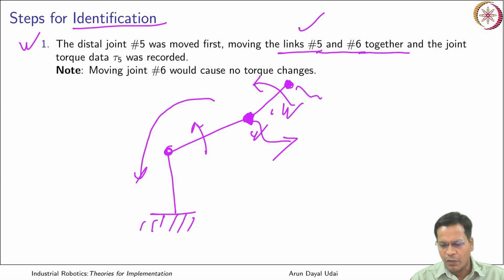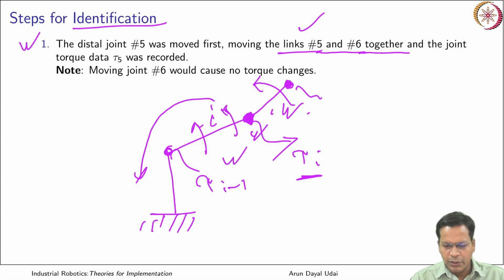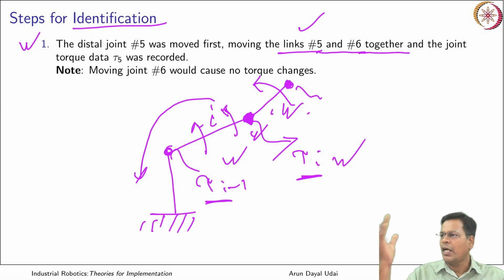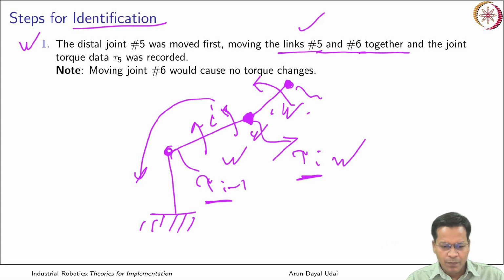I'll obtain the model of this link first, then I'll do tau i minus 1 if this is link i. So if this is already obtained by the previous motion, this can be obtained by the motion over here and the torque which is over here, and finally this can be obtained. So this is the reason I am moving backward. Okay, torque is to be calculated in the backward manner.